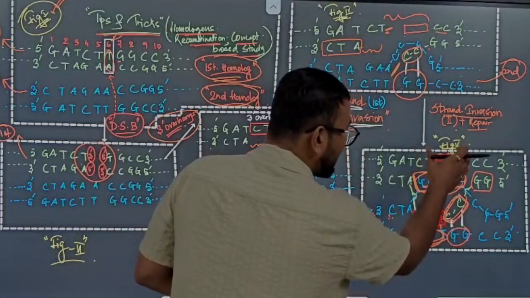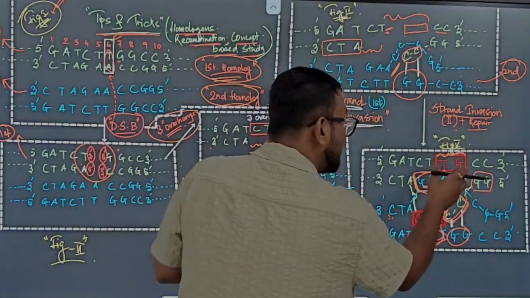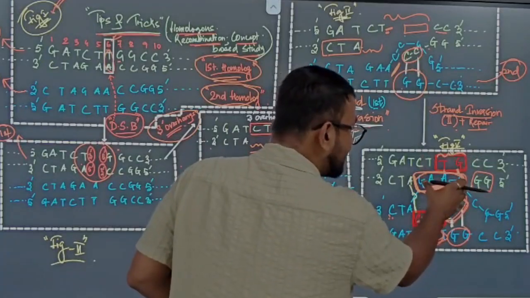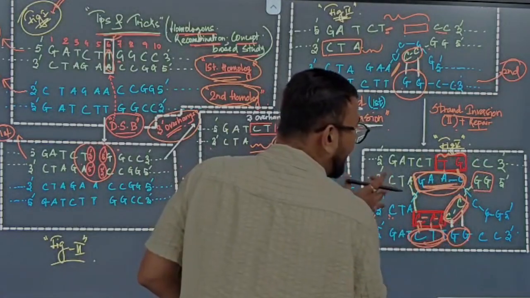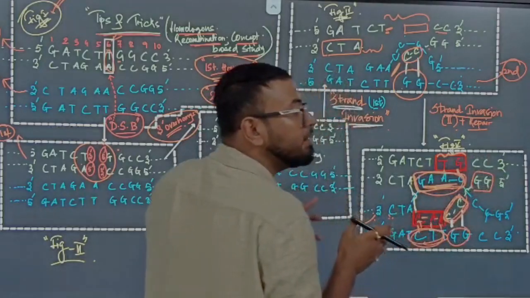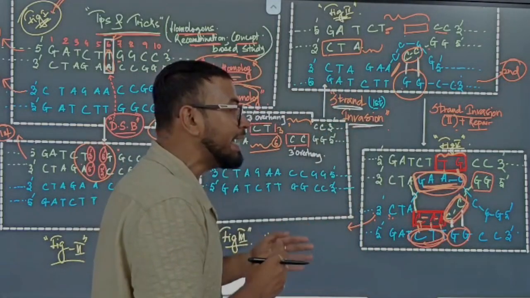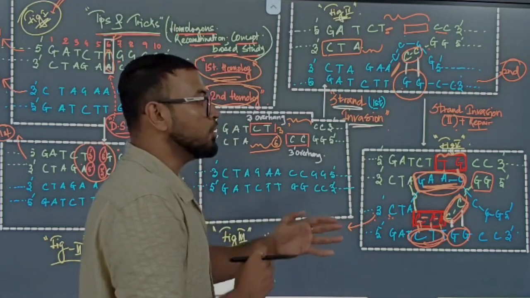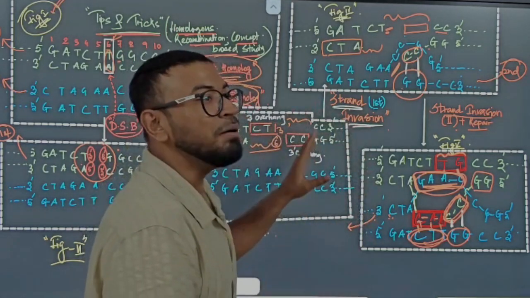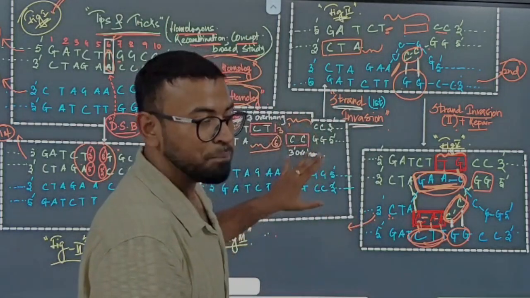Repair enzymes will come and incorporate bases against these segments. As a result, the entire homolog double-stranded break will be repaired. So this is the overall basic process regarding homologous recombination.